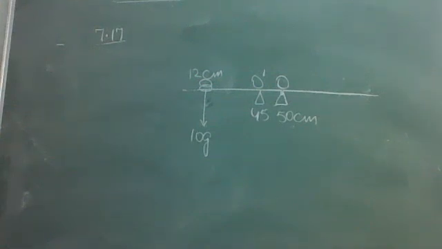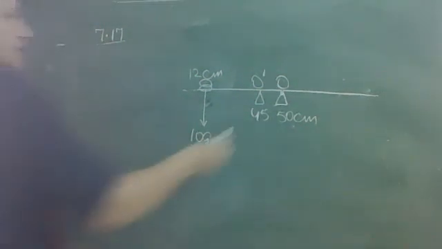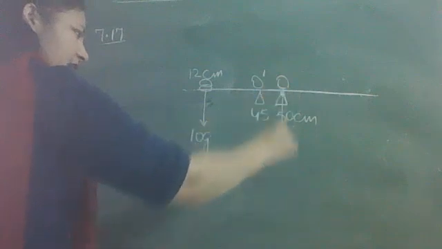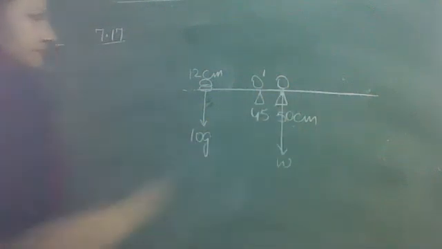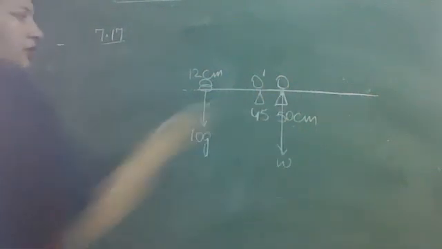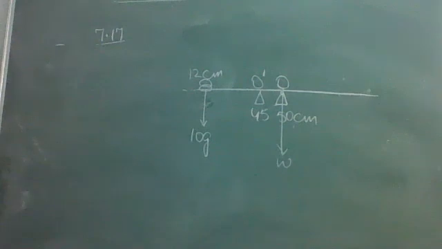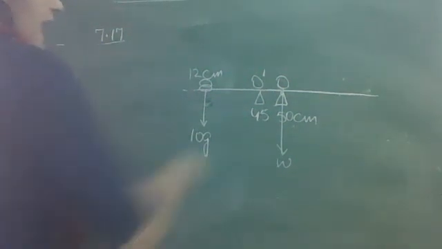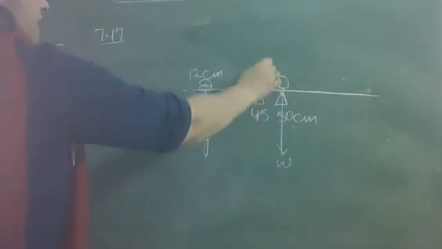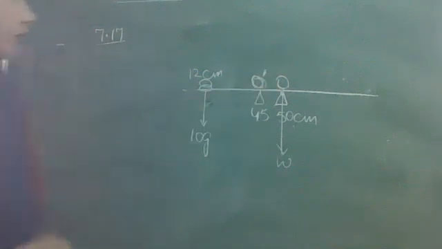Okay, so let us find moment of forces. जब ये 50 सेंटीमीटर था तो वेट यहां पे था, अब वेट यहां पे हो गया. ठीक है, so let us find moment of forces at this point O dash.